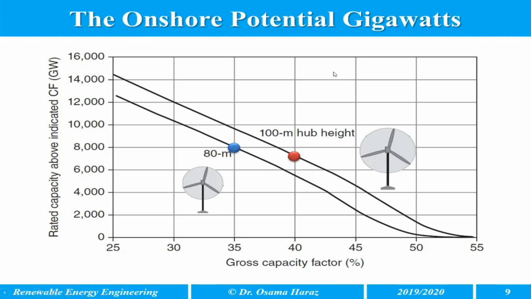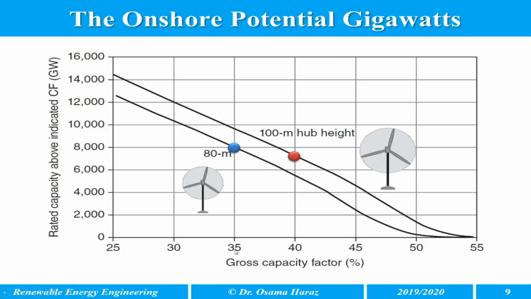So here is the graph. This graph shows the onshore potential, the rated capacity in gigawatts, versus the gross capacity factor for each turbine. So for 80 meter, this curve, and for 100 meter, this curve.